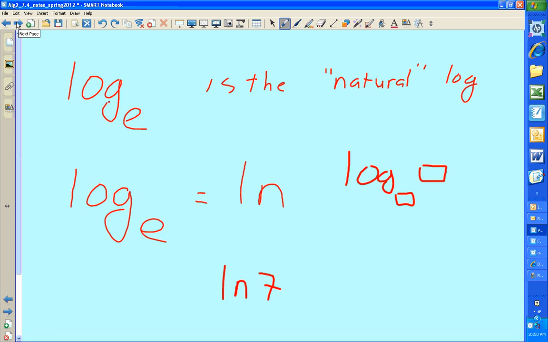The second base that we like to work with is base e. What is e? It's more than just a variable. It's Euler's number, which is the limit of 1 plus 1 over n to the n power.